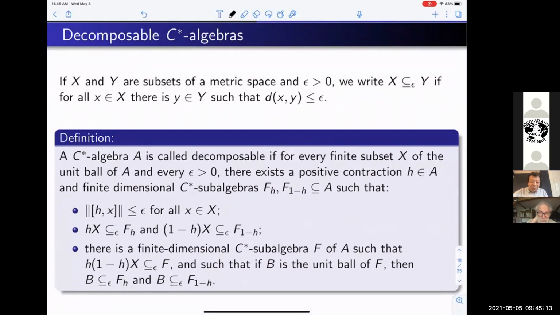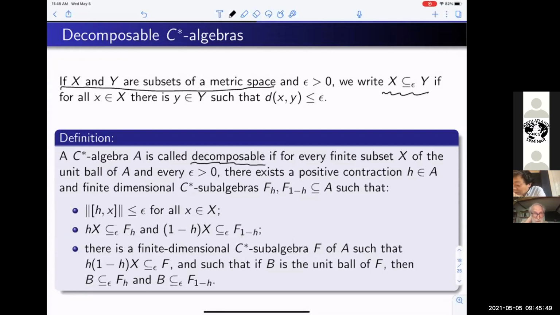Okay, so let me introduce a basic concept, the concept of decomposable algebra. The basic idea is the same: you try to decompose the system algebra into pieces that you can deal with. Let me set up the notation. This works for any metric space, though in our case they will be subsets of a system algebra.